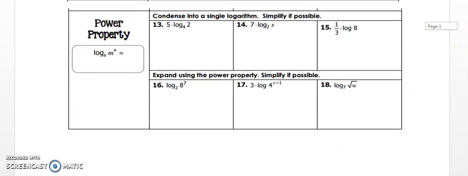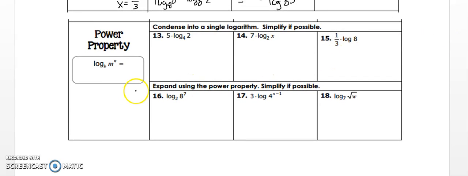All right, power property. So once again, remember when we raise a power to a power? This is fun because we can actually move this exponent out to the front. So this becomes n times log base b of m. And we can either condense it or expand it. So this thing's already out front, so I'm going to move this as an exponent.